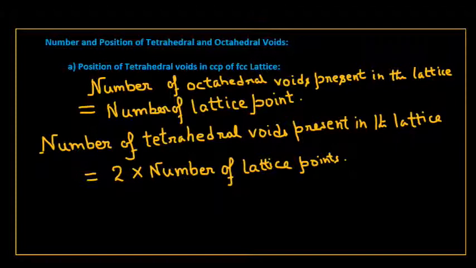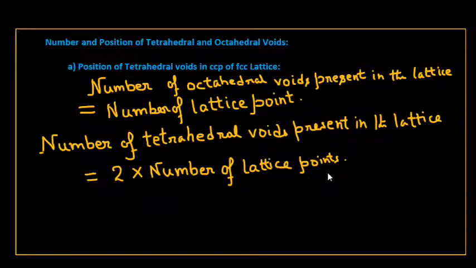So in the first case, as written here, the number of octahedral voids present in the lattice is equal to the number of lattice points. Similarly, in the tetrahedral case, the number of tetrahedral voids present in the lattice is equal to twice the number of lattice points.